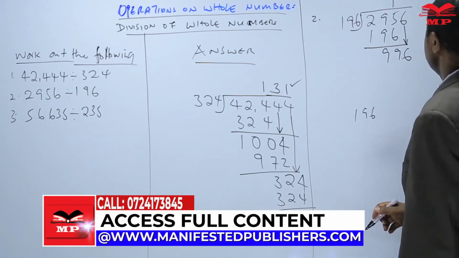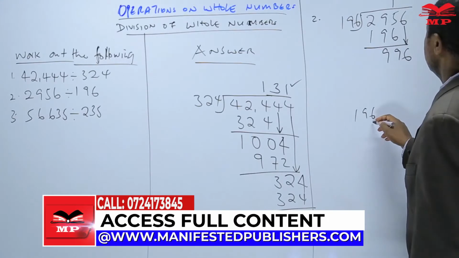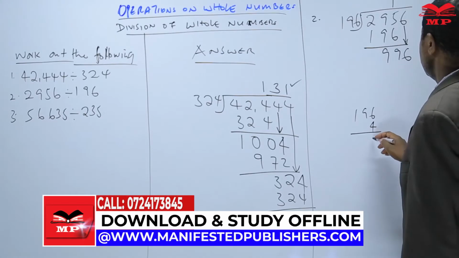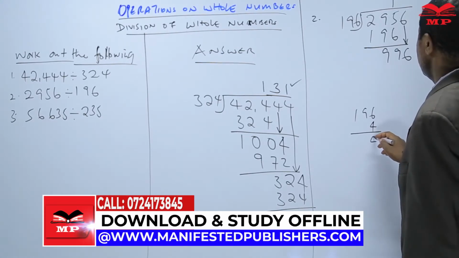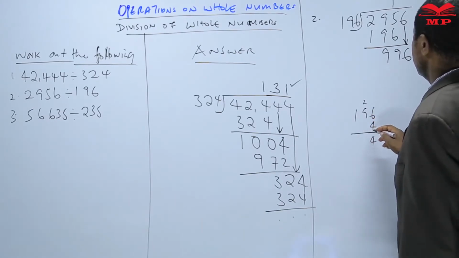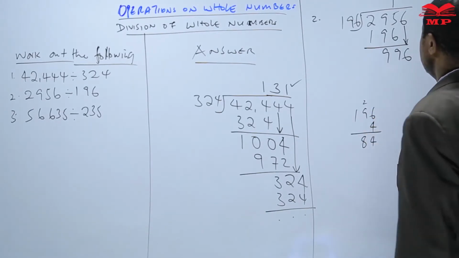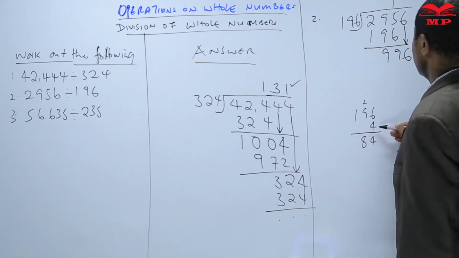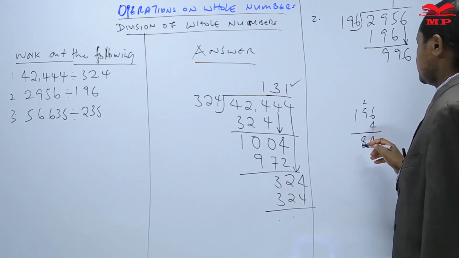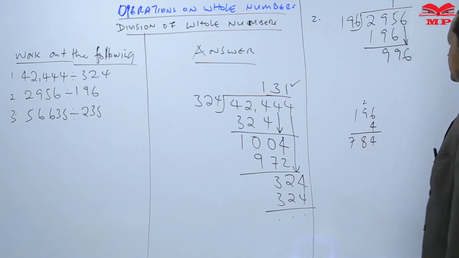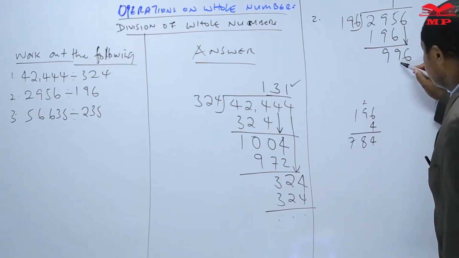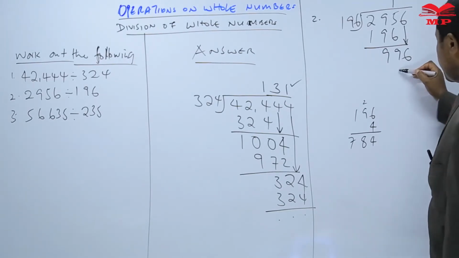Let's try 4. 6 times 4, 24, write 4, carry 2. 9 times 4, 36 plus 2, 38, carry 3. 1 times 4, 4 plus 3, 7. The number you get must be either 996 or close to 996.